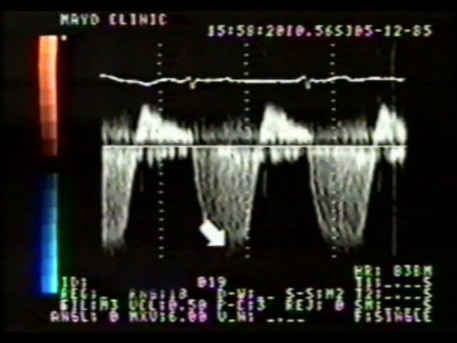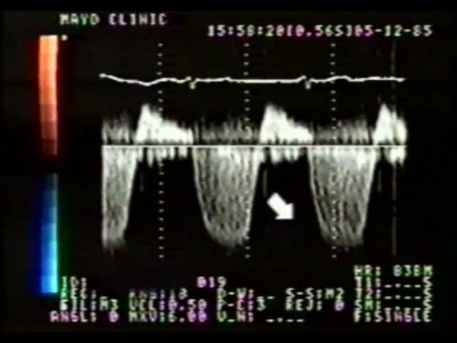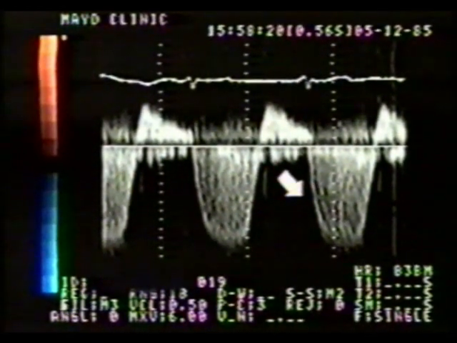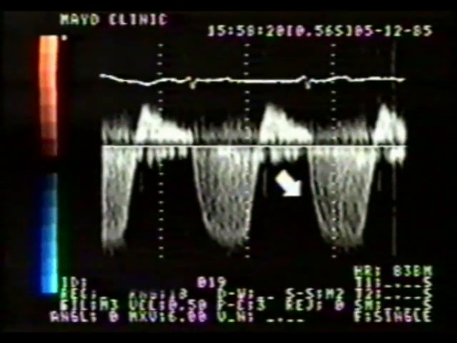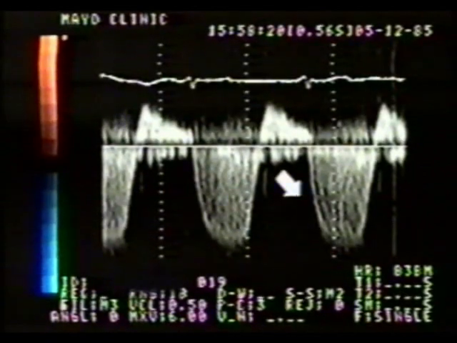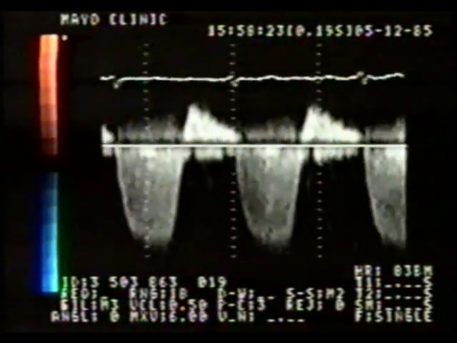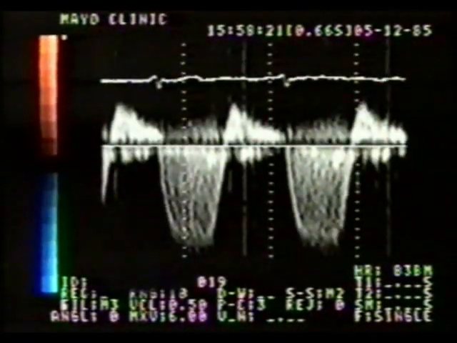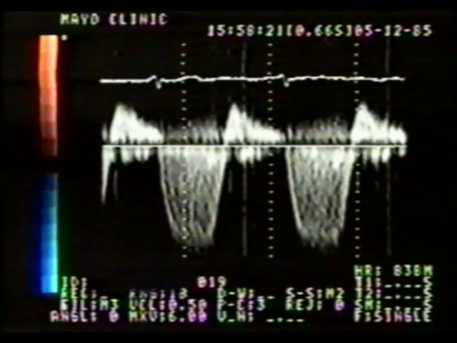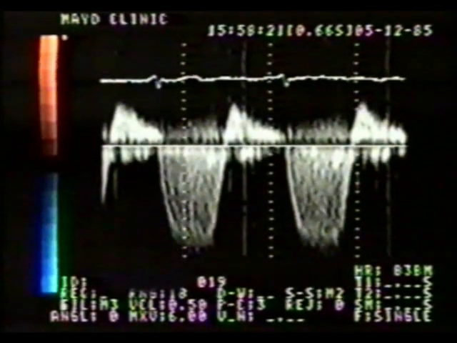These blood velocities result in Doppler shift frequencies that fall within the audible range. This means that the Doppler velocity information can also be displayed as an audio signal. The greater the velocity of blood flow, the higher the Doppler shift frequency.